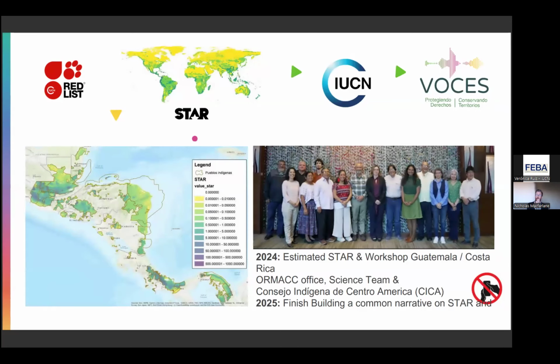Next slide, please. For example, in work led by IUCN's Mesoamerican Regional Office, STAR is being used to help support the protection of rights and territories of Indigenous peoples and understand and quantify the opportunity for conserving biodiversity within those territories. Next slide, please.